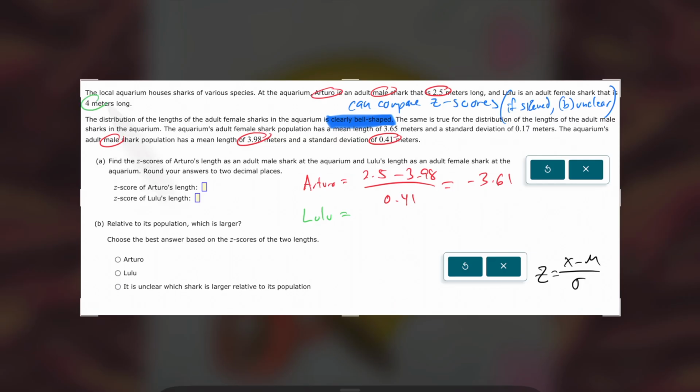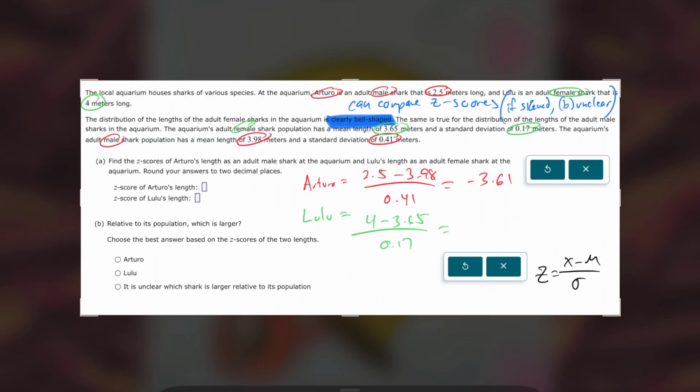Lulu is 4 meters long, and Lulu is female, so female is 3.65 and 0.17. So 4 minus 3.65 divided by 0.17. Well, Lulu's going to be positive. Sorry, I'll make sure everything's right.